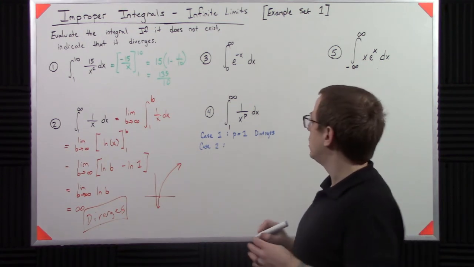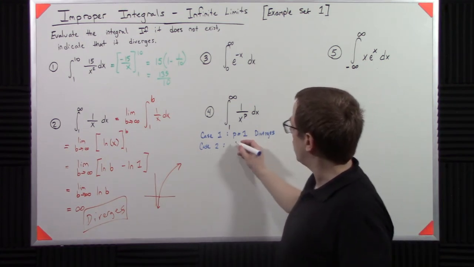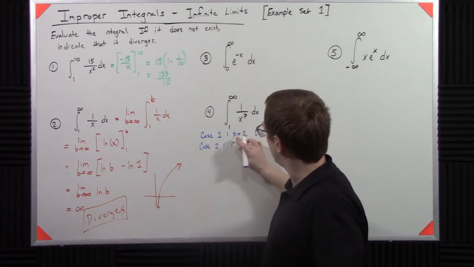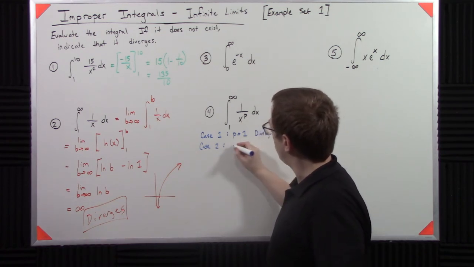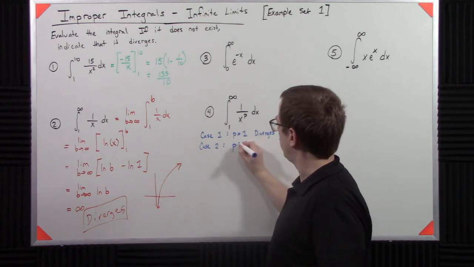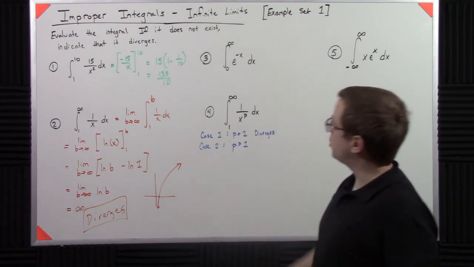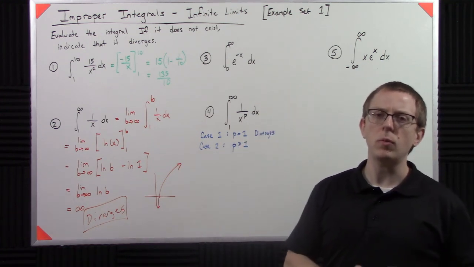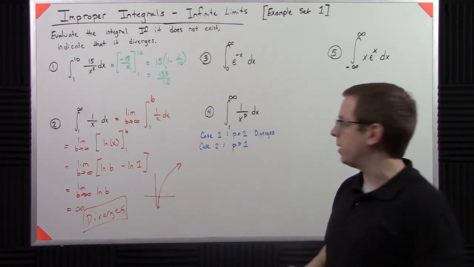And case 2 is this idea of p being greater than 1. So p is greater than 1. Well, let's talk about p being greater than 1 for a second.